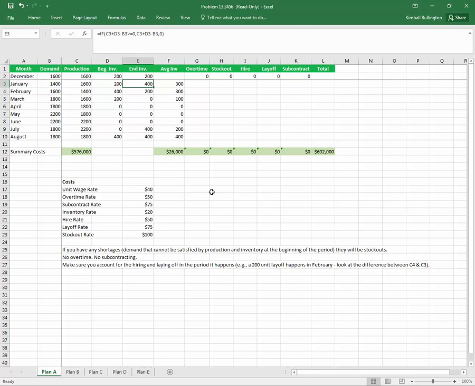That's the essence, and of course in each case you're summing the cost here and multiplying that times the cost over here in your cost table, and that's essentially plan A, with you still having to figure out how to hire and lay off. More in the next slide.